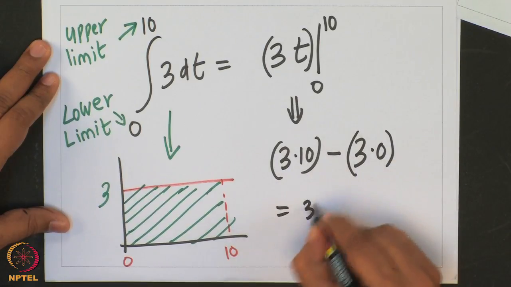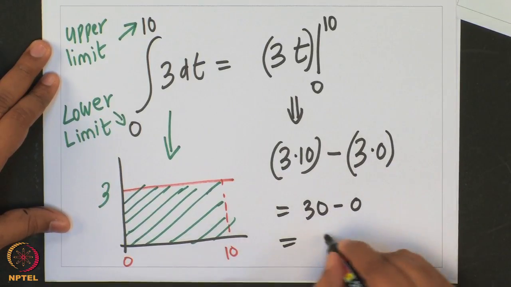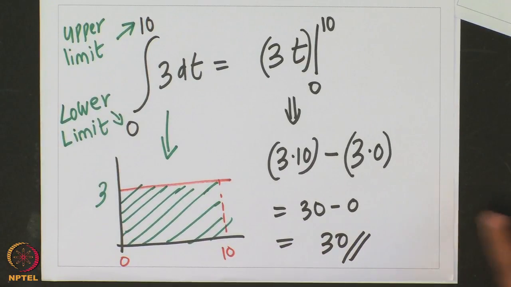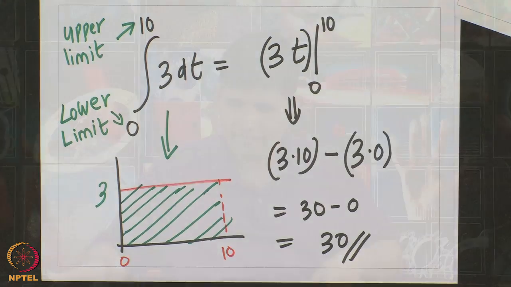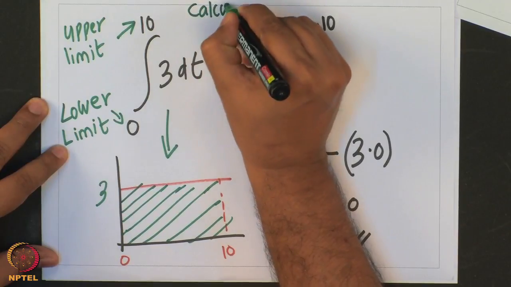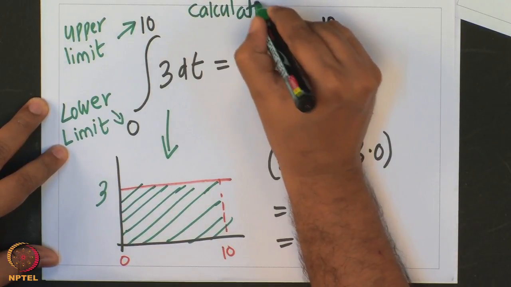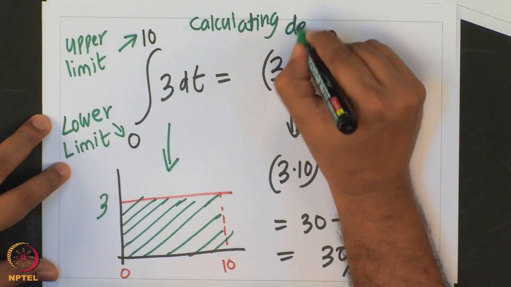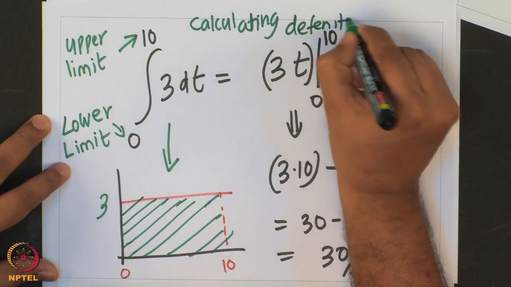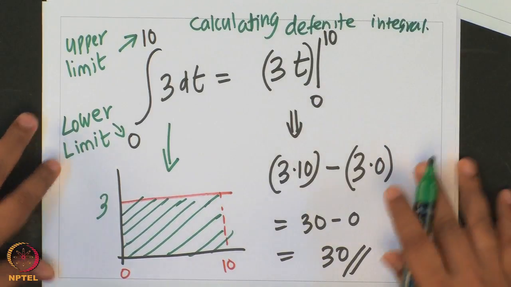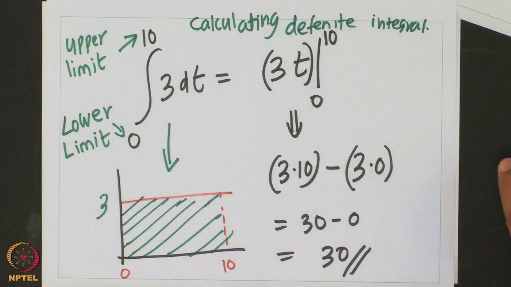So which is nothing but 30 minus 0, and the answer is 30, which we knew from the graph itself. So this is the way of calculating a definite integral. We did a method of calculating a definite integral.